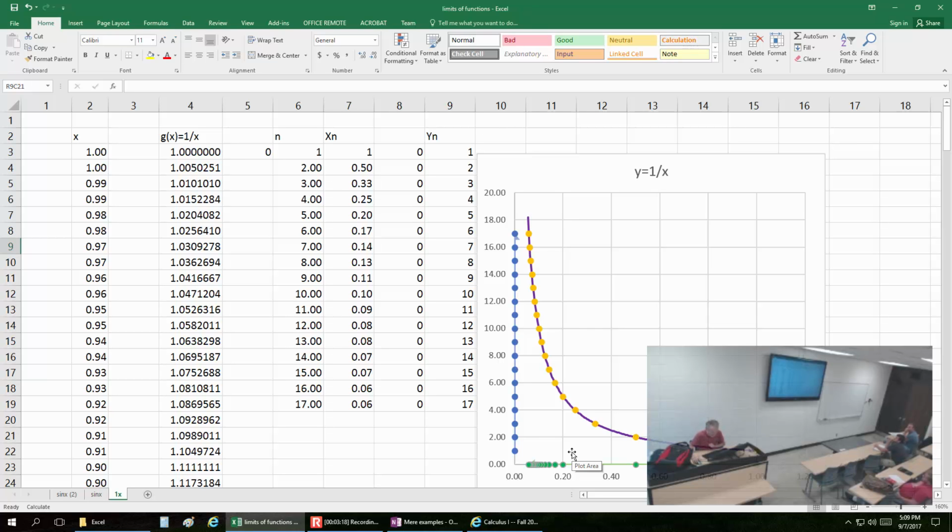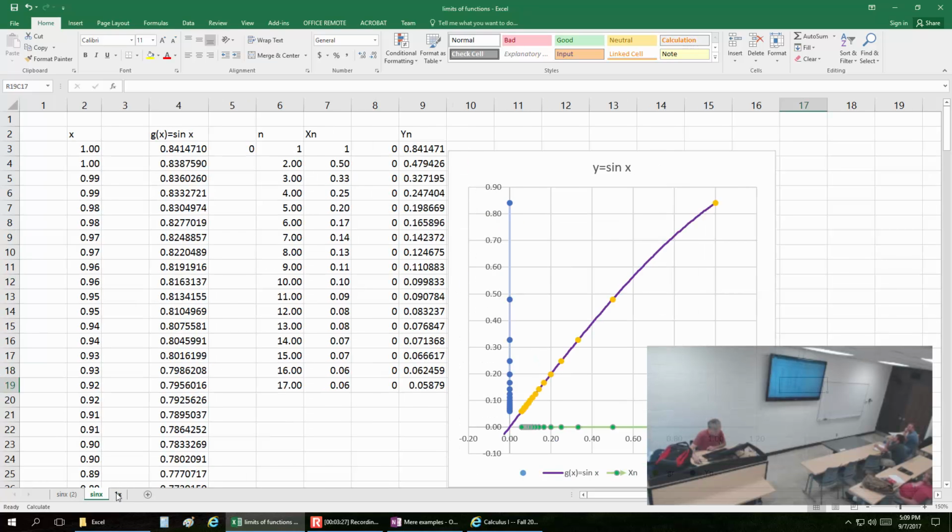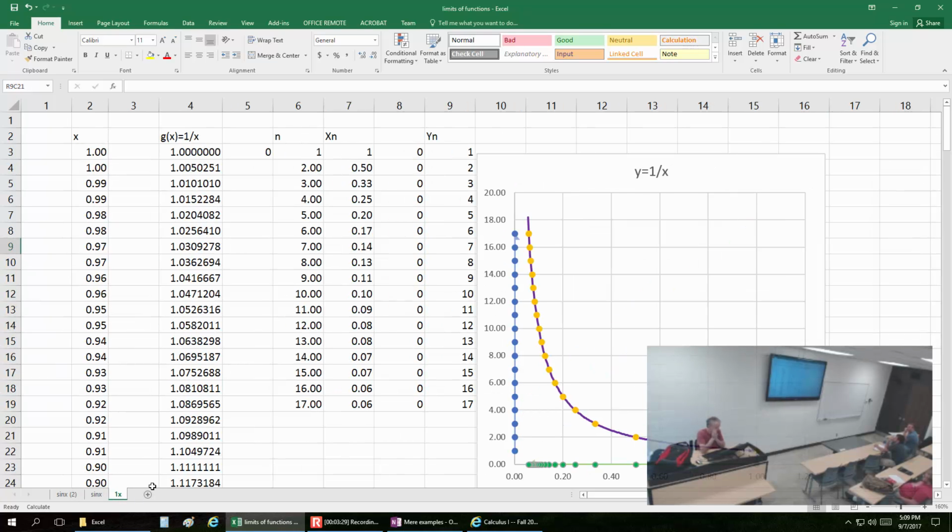The arrows have disappeared, unfortunately. I used to have arrows, and now they're gone. Anyway, so then we have divergence. The blue sequence on the y-axis diverges, so that's why there is no limit of the function, the graph of which is the purple one.